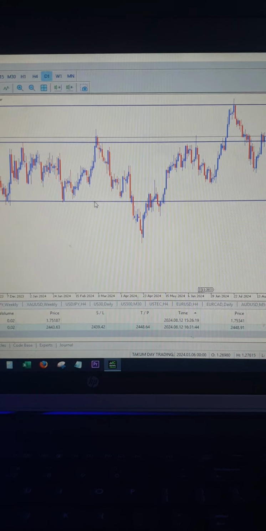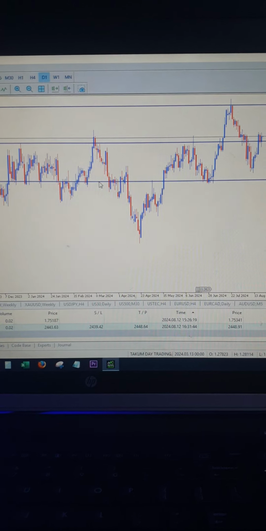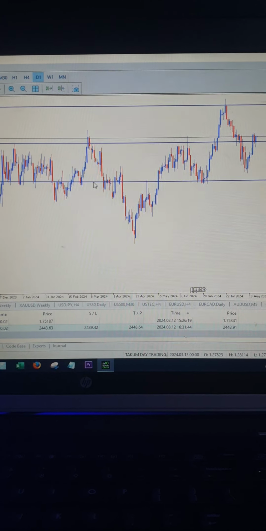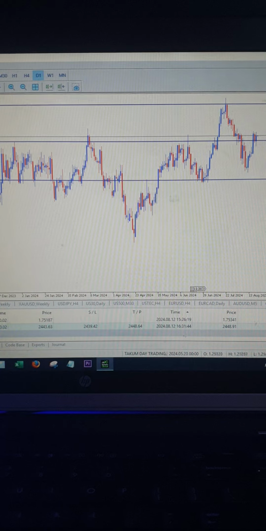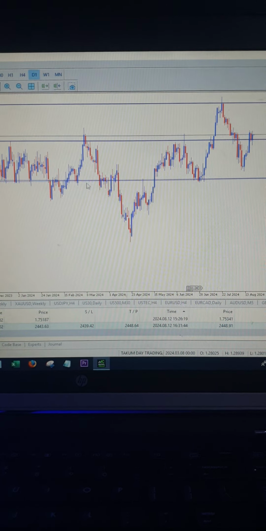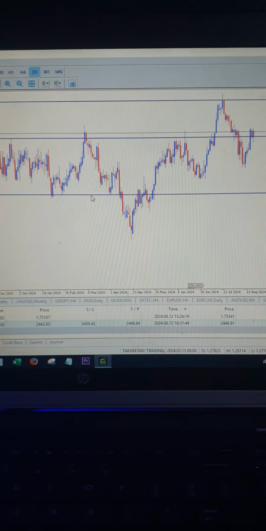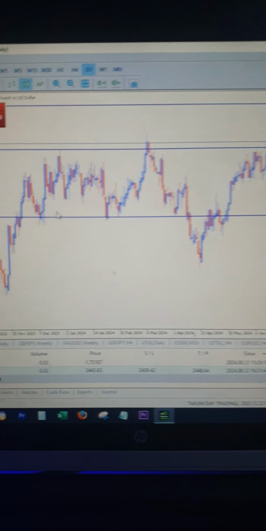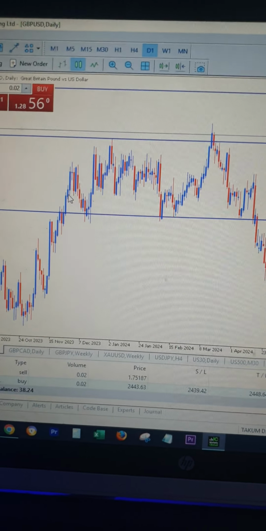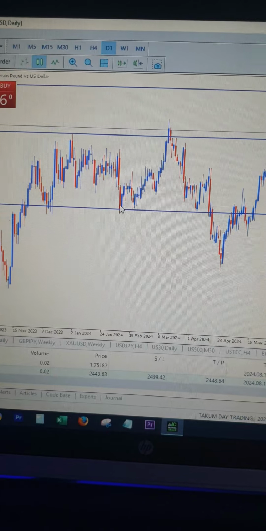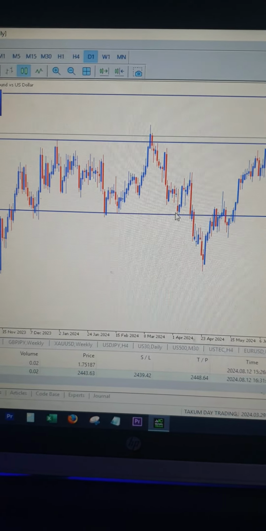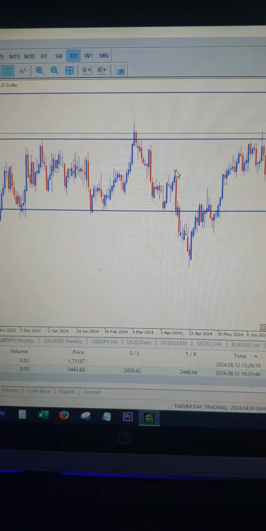I can still put it here and consider this as a zone, but I prefer to put it here to know that it touches this point, it comes back and touches this point, it touches here again, it touches here, it goes back and breaks.